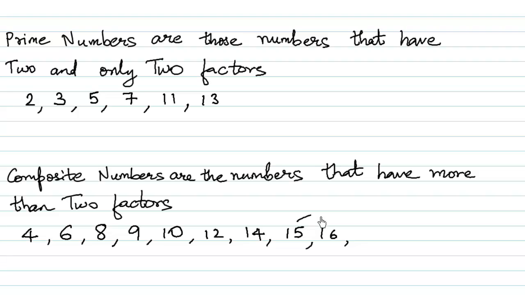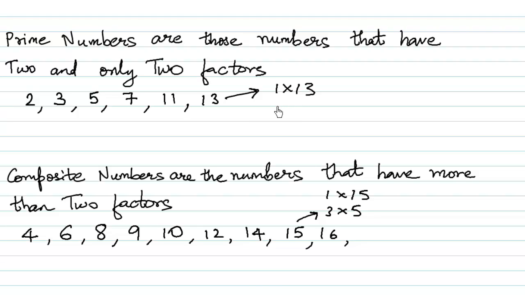Remember, 15 comes in the table of 3 and 5 also, along with 1 and 15. So if you look at 13, 13 only comes in the table of 1 and 13. But 15 or 14 or 12 or 16, they come in the table of 1 and 15 as well as some other numbers, like 3 or 5.